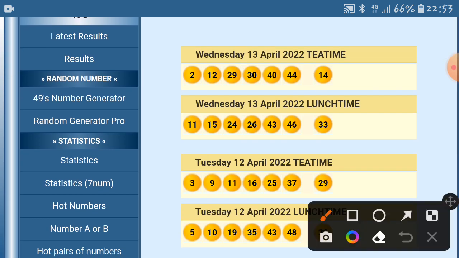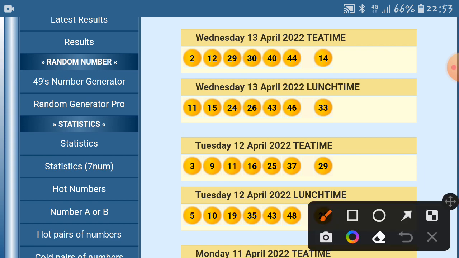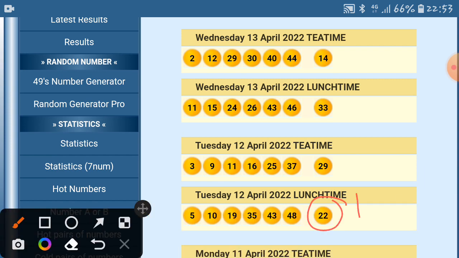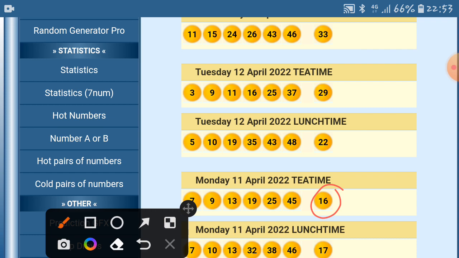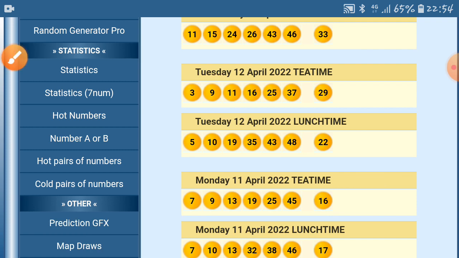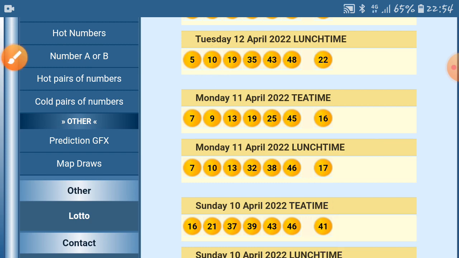Okay, for example, 33 plus 7 equals to banker 40, right? 22 plus 7 equals to 29. 16 minus 7 equals to 9. 17 minus 7 equals to 10, sorry, equals to 10.